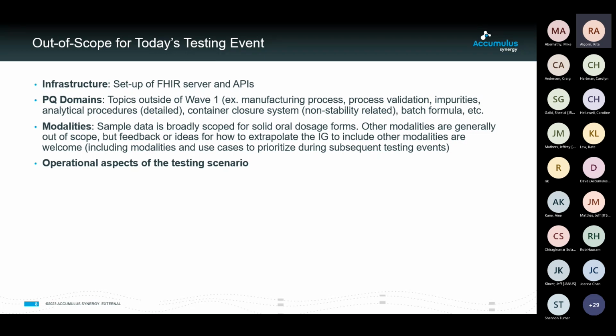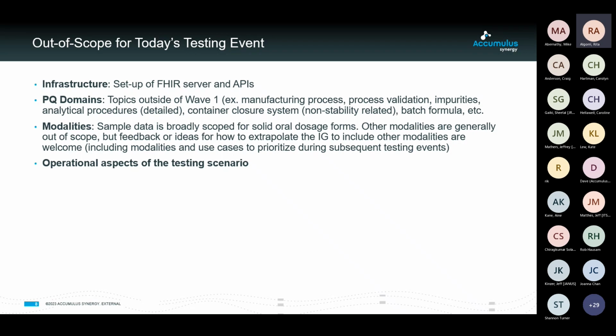And a quick note on modalities. So the sample data is broadly scoped for a solid oral dosage form. That's the area that we have started developing in. It's a straightforward example, but other modalities are out of scope. So there might be missing elements in the sample data that you might see, for example, in a biologics application.